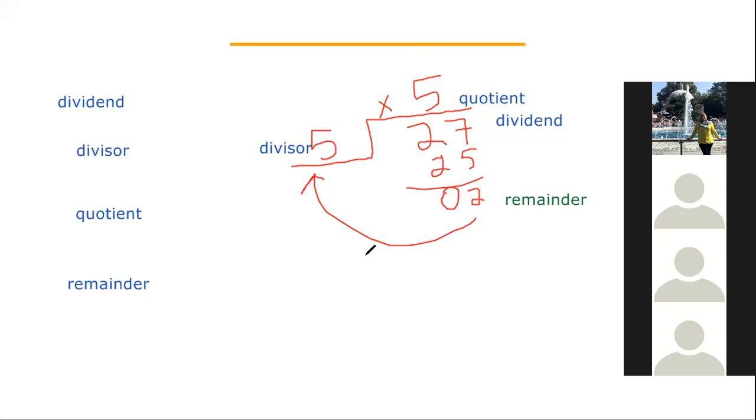Is the remainder less than the divisor now? Yes. Then your answer is correct. If the remainder is bigger than the divisor, there's something wrong.